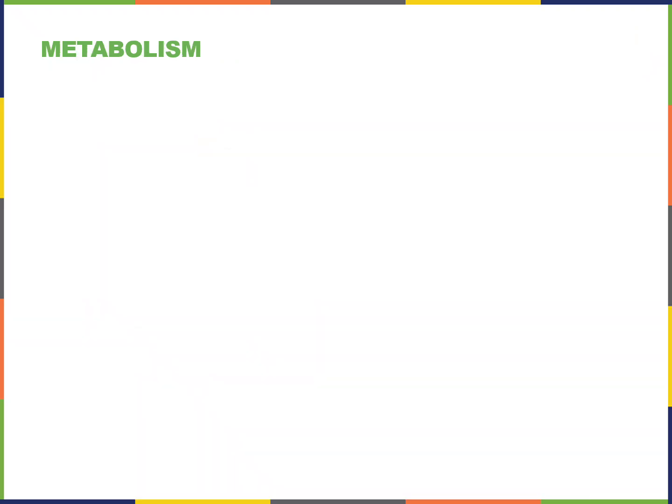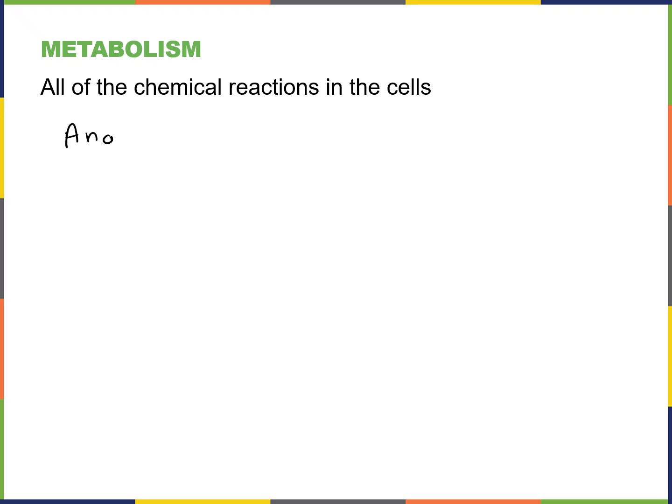Okay. Metabolism. We hear this word metabolism often, that people have a slow metabolism, they have a fast metabolism. But what exactly is metabolism? Metabolism is all of the chemical reactions in a cell. When we talk about metabolism, we talk about either anabolic metabolism or catabolic metabolism.